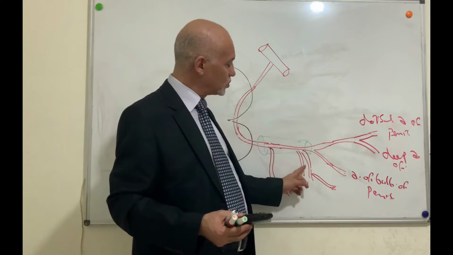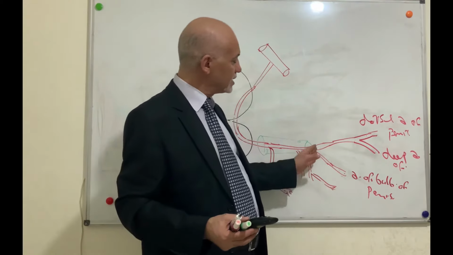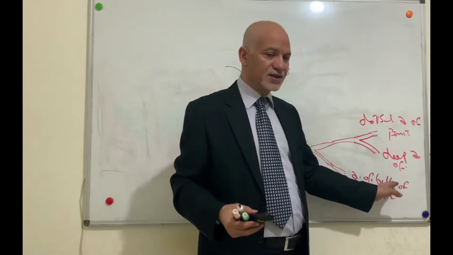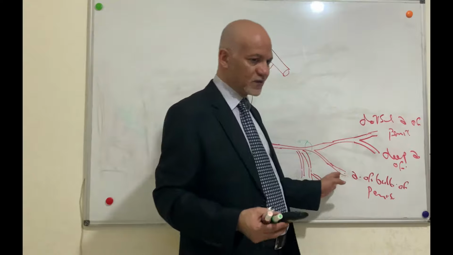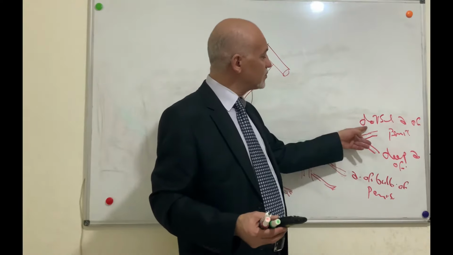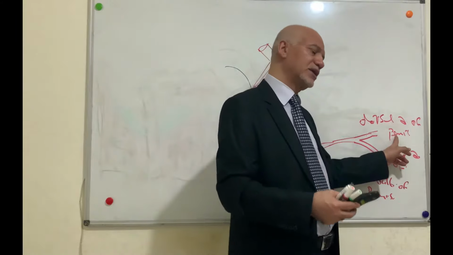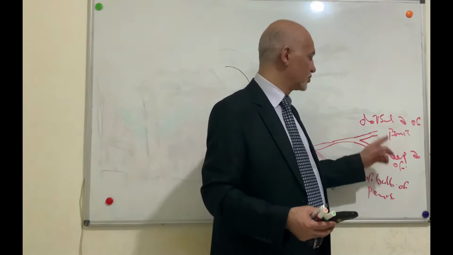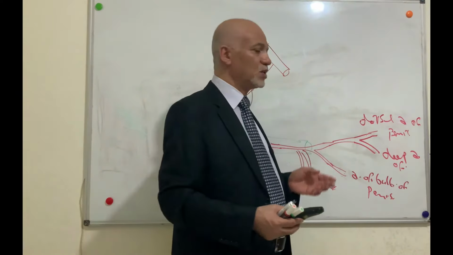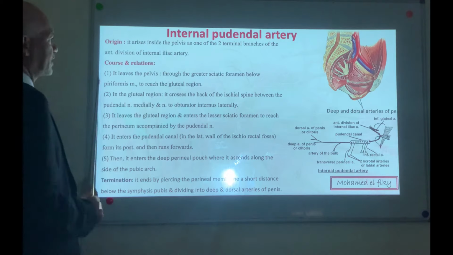From the labial or scrotal arteries it gives the transverse perineal artery. Then it gives the artery of the bulb of the penis in the male and the artery of the bulb of the vestibule in the female. Then it gives the two terminal branches, the dorsal artery of the penis or clitoris, with the deep artery of the penis or clitoris. This is the internal pudendal artery.